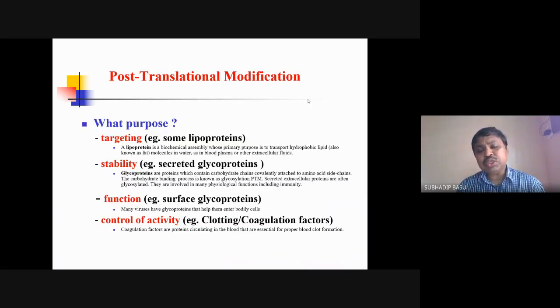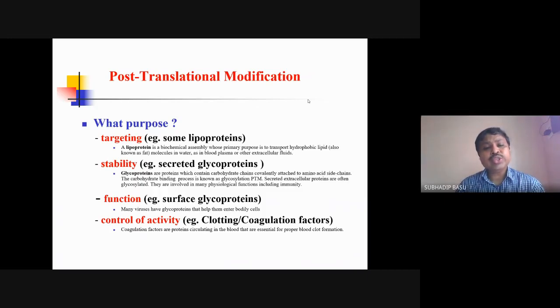Coming into more detailed discussions, like what purpose, why, and what these post-translational modifications do. So what are their functions?